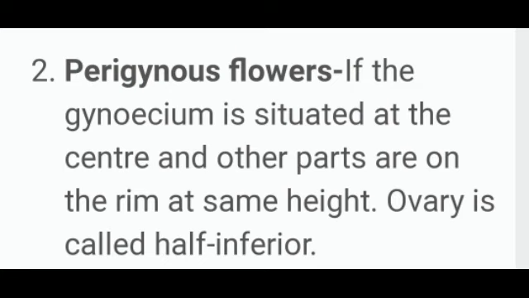Perigynous means the ovary is half inside the thalamus and half outside it, and it is free from the thalamus. It is also known as half superior, or we can say half inferior. For perigynous flowers, we can take the example of rose, peach, plum, etc. And last is epigynous.